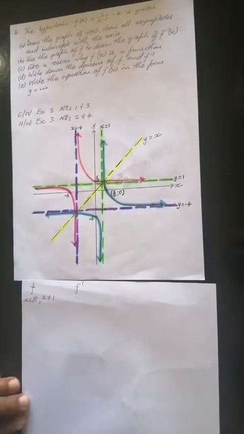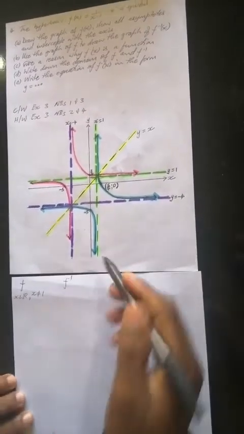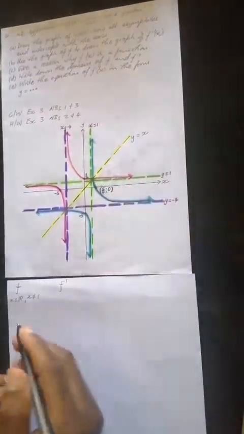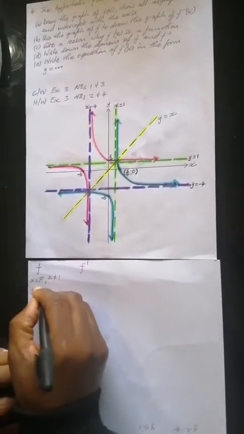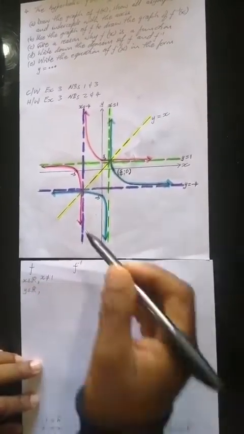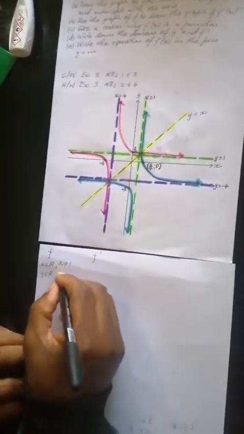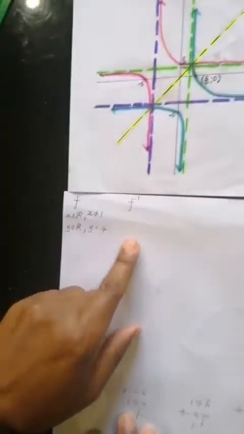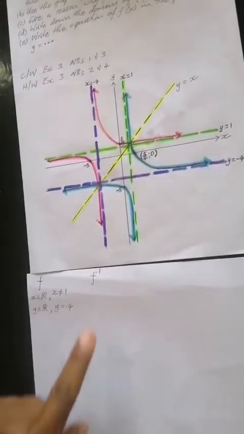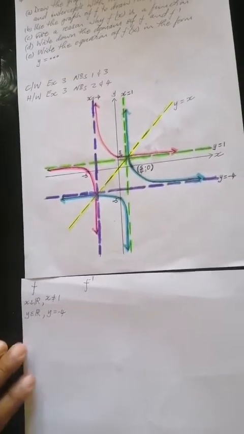And what is the y? You can see y is all real numbers as well. Y is a member of all real numbers, but our y should never be minus 4. So this helps us to write our domain and range for f inverse.